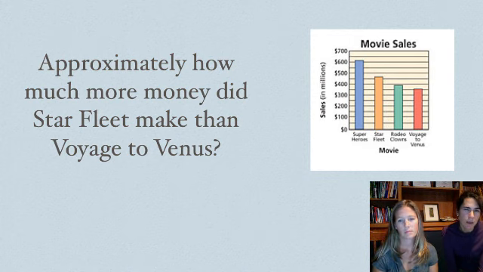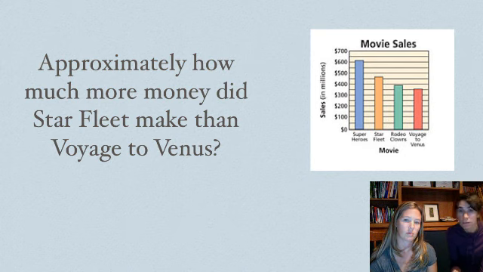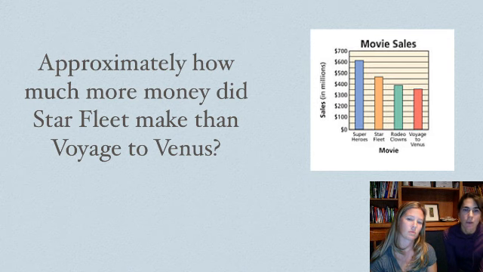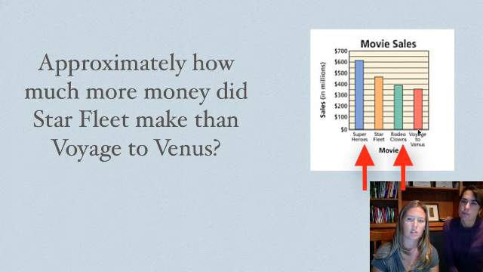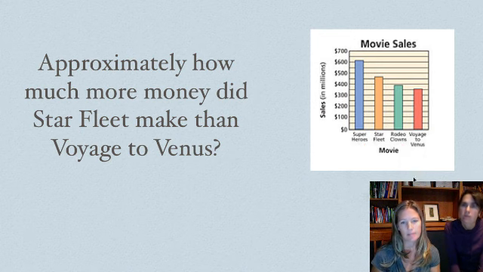So once again, thinking what the question is asking, what kind of operation you need to do, please make sure that you're writing down your equation so we can see what you're trying to do to figure that out. That's kind of fuzzy. So if the Starfleet is the one that's in yellow, Voyage to Venus is in red, and over here, if you look at it, it says sales in millions. So be thinking about that when you're looking at what these numbers actually mean.